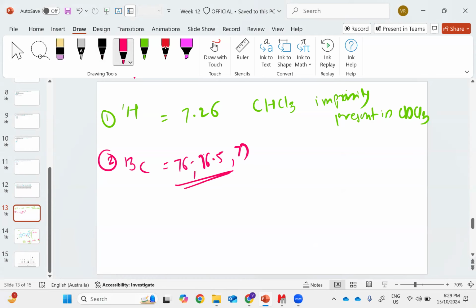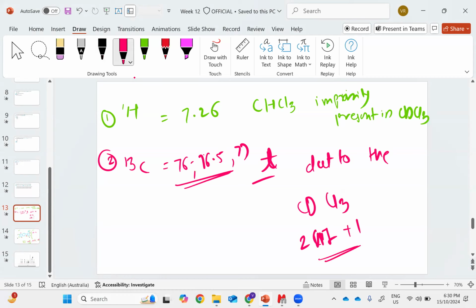We get a triplet, and this triplet is due to the CDCl3. Because if you look at the 2nI plus 1 formula, for deuterium the I value is equal to 1. So that's why we get the triplet here.